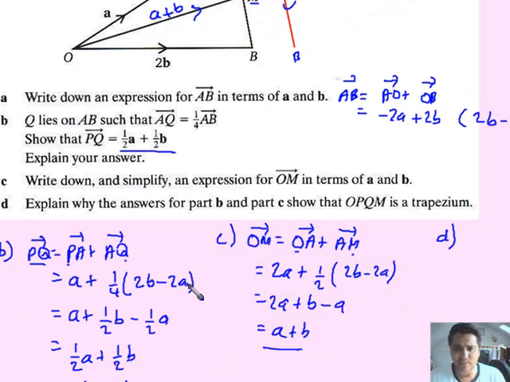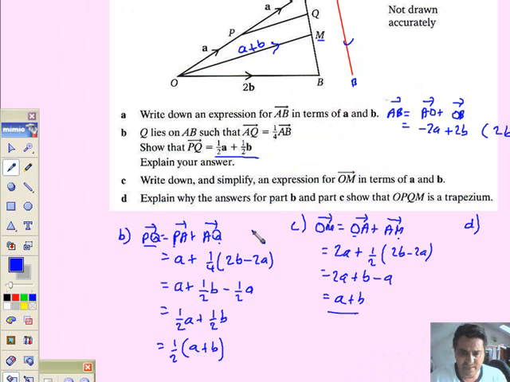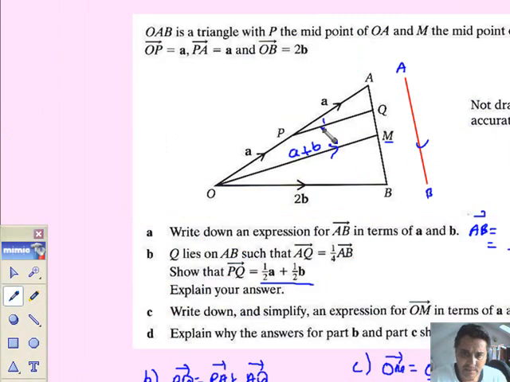Right, it says here, explain why the answers for B and C show that OPQM is a trapezium. B is half AB, so that's half A plus B. Oh, there it is. I've done it. It's simple.